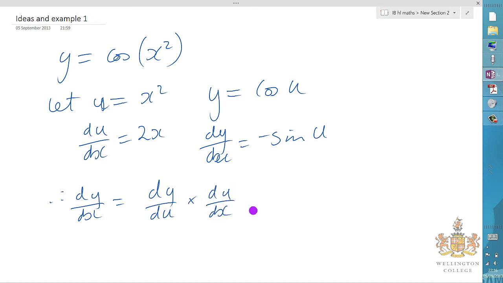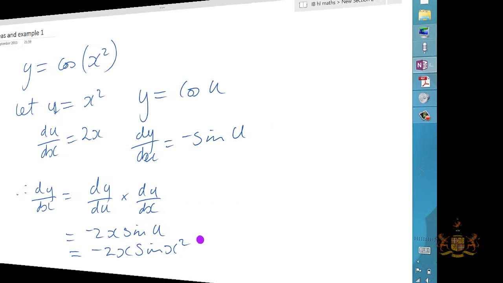It's the chain rule. What we get is 2x times minus sine u, so minus 2x sine u, and we know that u was x squared. So we get equals minus 2x sine x squared.